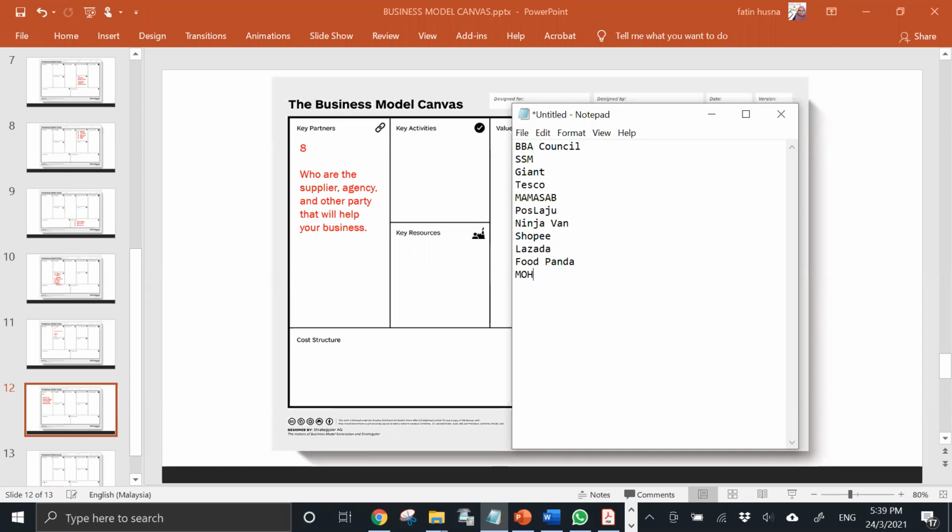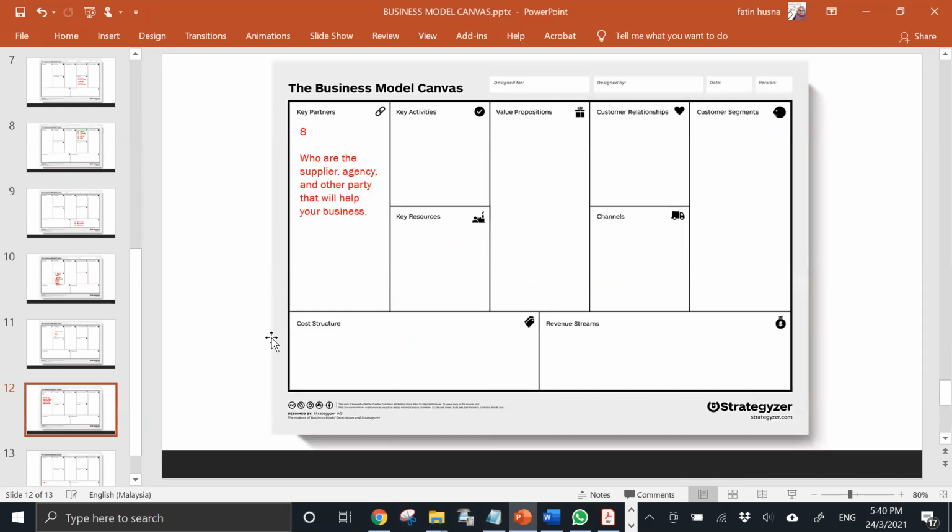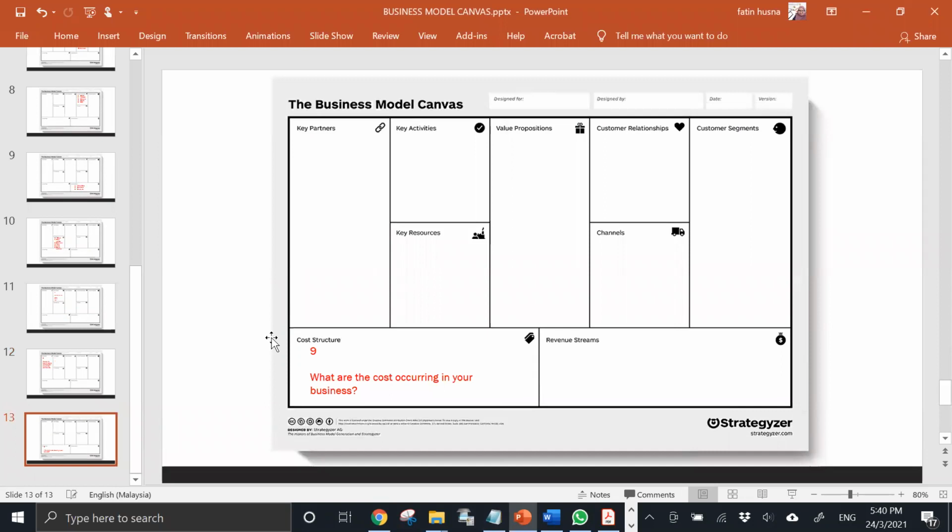Ministry of Health Malaysia, MOH. You put it in the Ministry of Health. This one is if you have typhoid. So this is for key partners. Any questions so far? If you don't understand, you just ask me. This is crucial to understand.